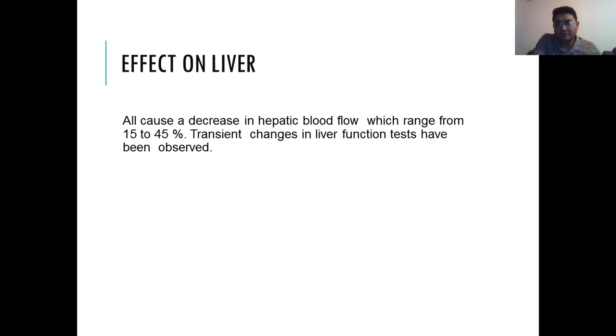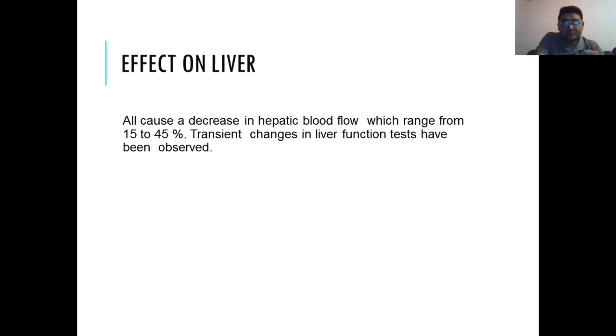On the liver it is not very important. It is a transient change in function tests and a decrease in hepatic blood flow. When hepatic blood flow is decreased, the cleaning function of the liver for metabolites will be decreased in this situation.